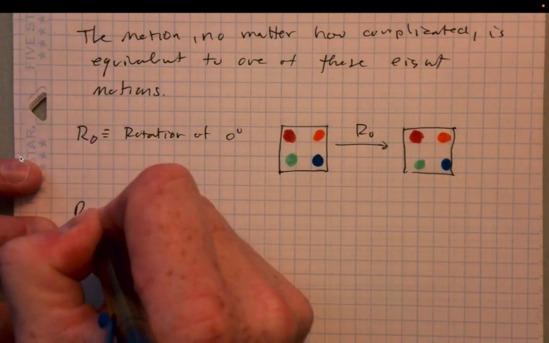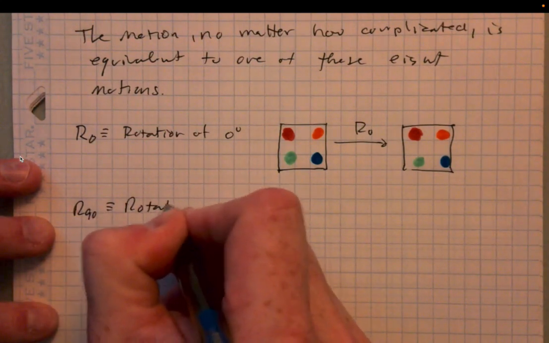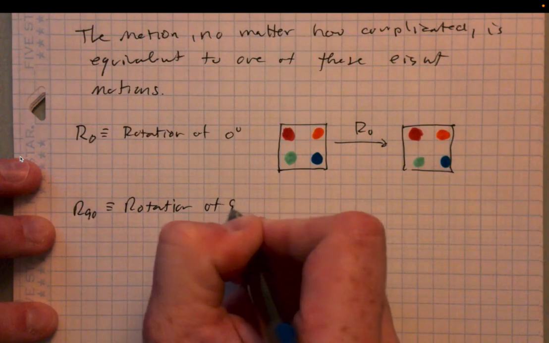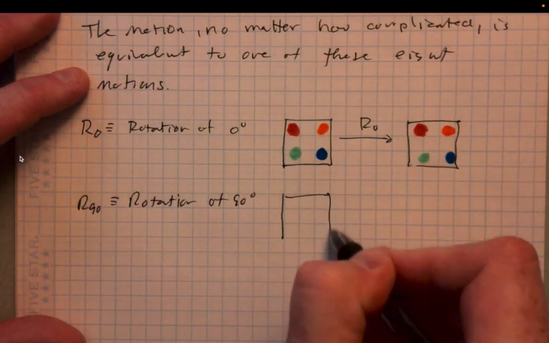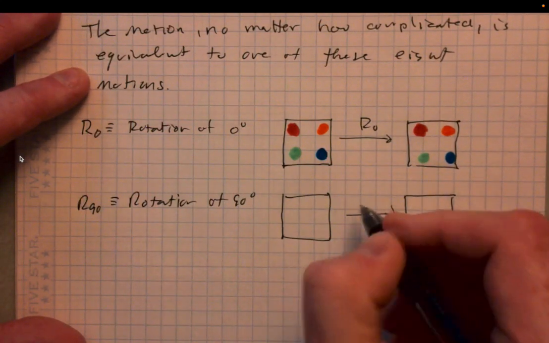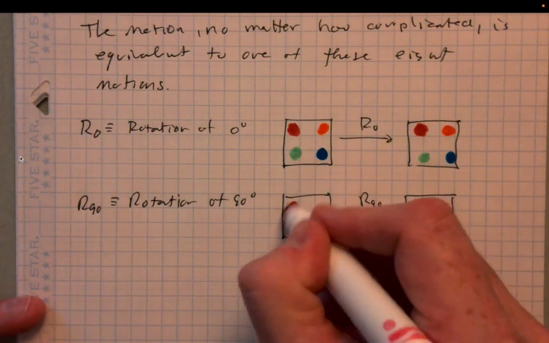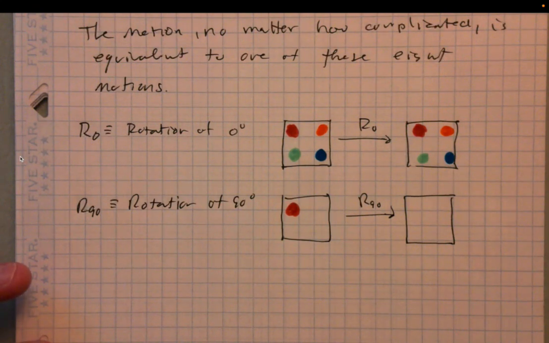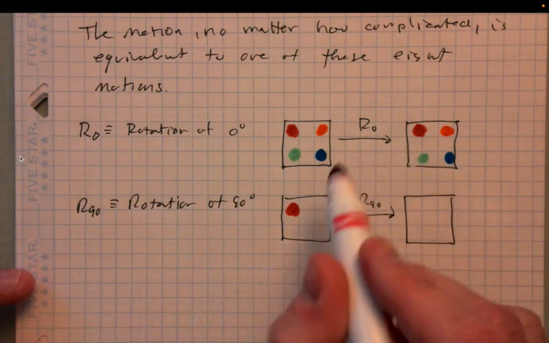The next one we'll call R90. This will be a rotation of 90 degrees. Here's where things start to get a little more interesting. R90 takes the square from its starting position, where pink is here, and a 90-degree rotation would be like this, in the counterclockwise direction.